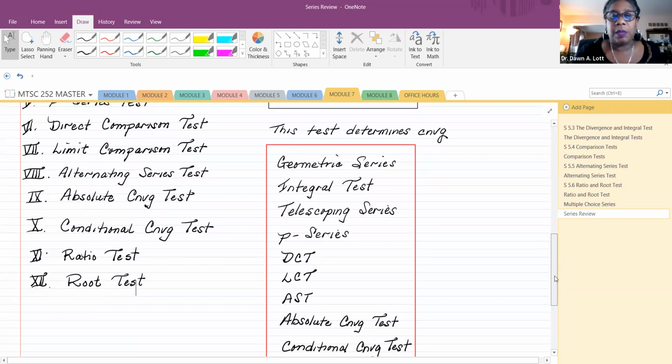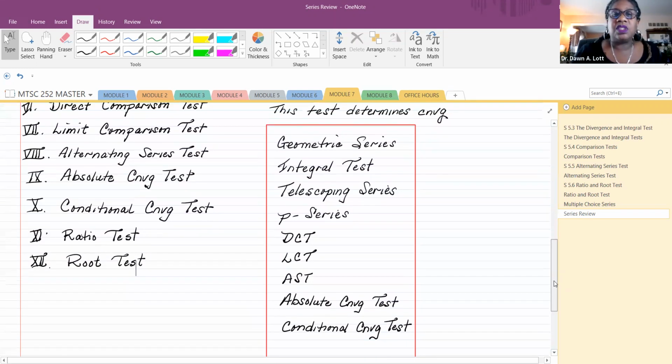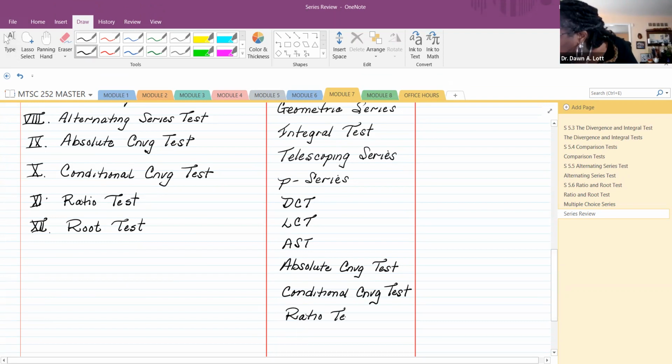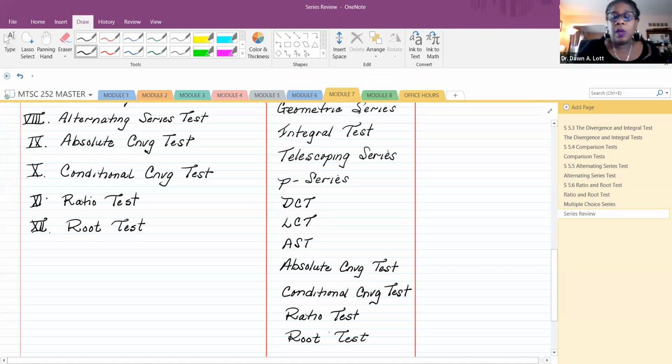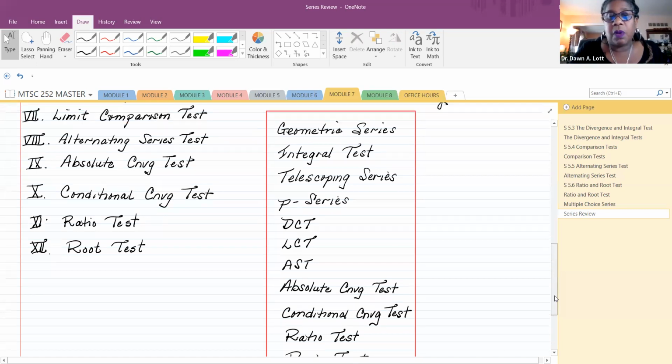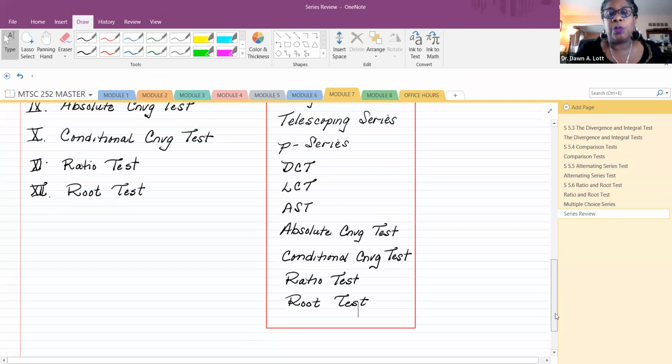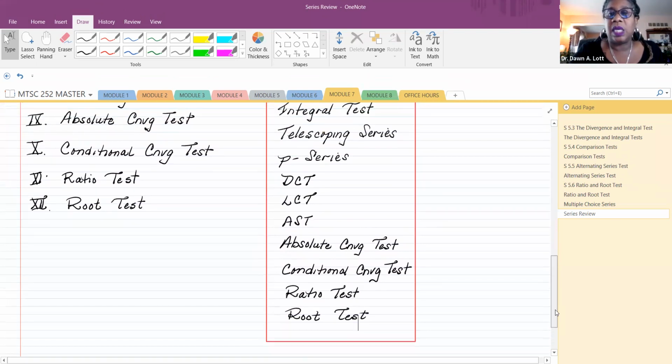Here I put in a block the tests that determine convergence, and the only ones missing are the ratio test and the root test. So this is the extent of all the tests we can possibly utilize to determine convergence of a series. Does anybody have a question?